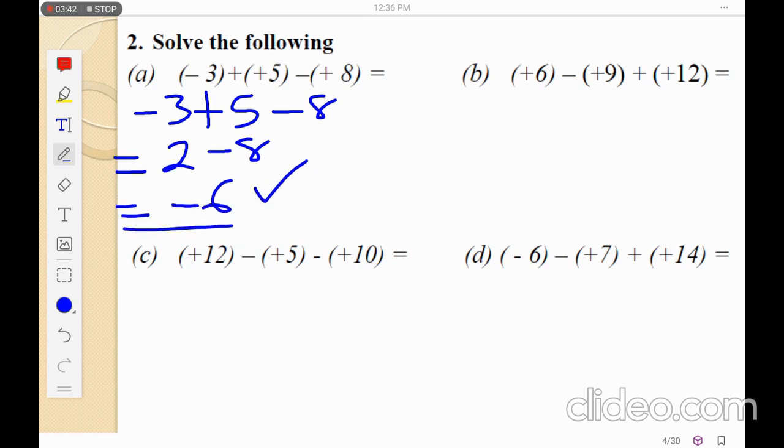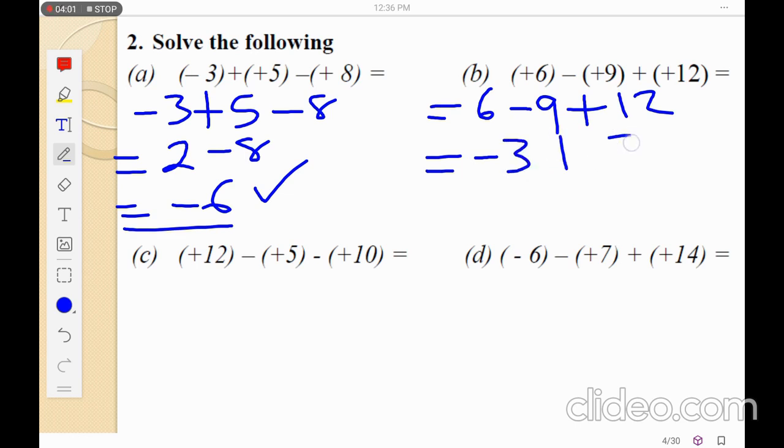Okay, then I go to the second one. I've got 6 plus 6 is the same as 6. Minus plus, I'll get minus 9. Then plus 12, I get plus 12. Okay, then this becomes 6 minus 9, I get minus 3. Then plus 12, I'll get a 9 there. Okay, so this is my answer.